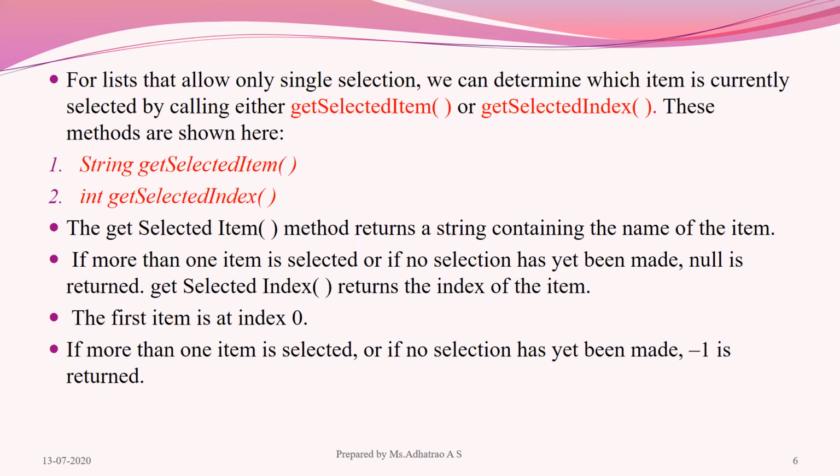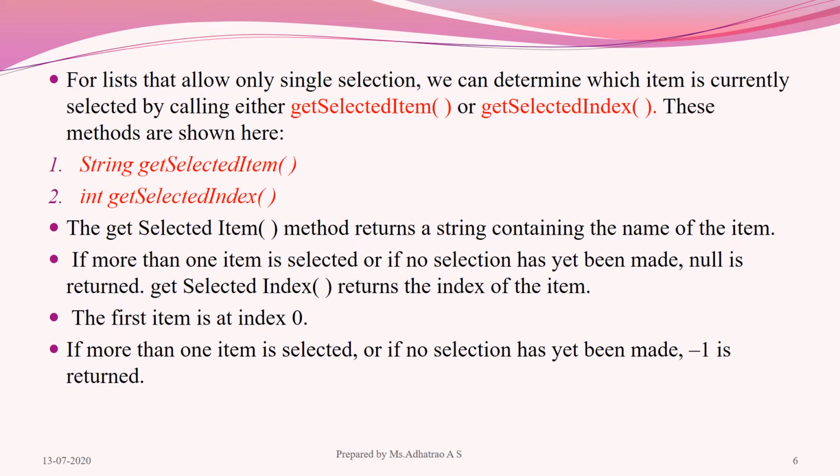For lists that allow only single selection, we can determine which item is currently selected by calling either getSelectedItem or getSelectedIndex. These methods are shown below. First, String getSelectedItem, which returns a string containing the name of the item.